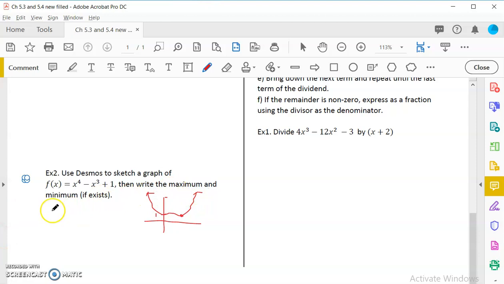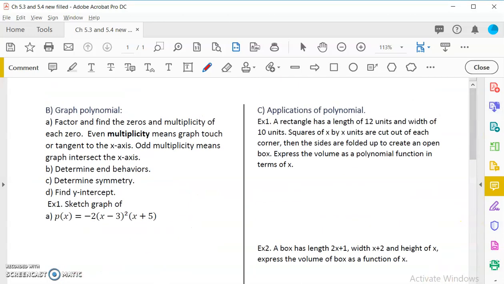So no maximum. So this graph has no maximum, but the minimum y is at x equal to 0.75, and the y value is 0.895. You can only do it if you use Desmos, or when you learn calculus next year, if you need to, then you know how to do.